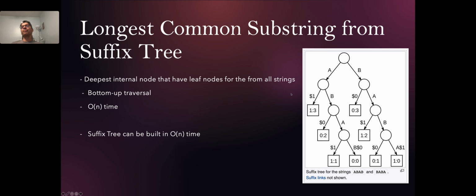Let's say that here is the suffix tree for AB and BA, and we want to get the longest common substring of these. The longest common substring from a generalized suffix tree is simply the deepest internal node that has leaf nodes from all the strings. How do I get that?